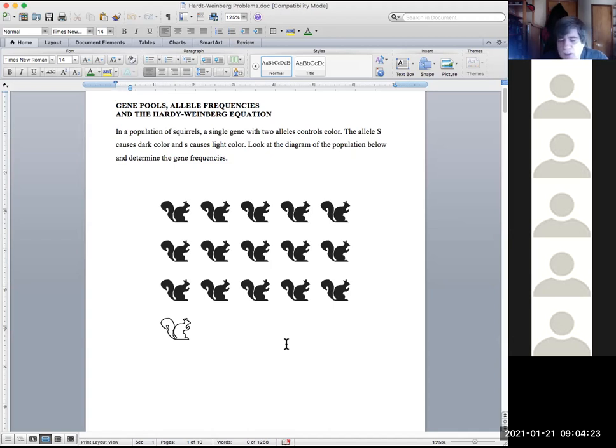But if we look at this population, the first thing we have to figure out is how many squirrels are in this population. So if we count, we've got 3 rows, they've got 5 each, so that's 15. And then we have 1 more. So we have 16.